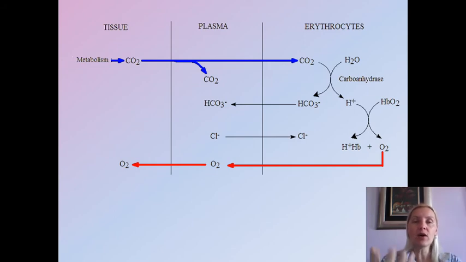So you have the formation of a continuous concentration gradient between cells, blood plasma and erythrocytes. So the concentration of carbon dioxide is higher in tissue cells than in blood plasma. So carbon dioxide from metabolism will diffuse freely to blood. So upon diffusing to blood, the concentration of carbon dioxide increases.